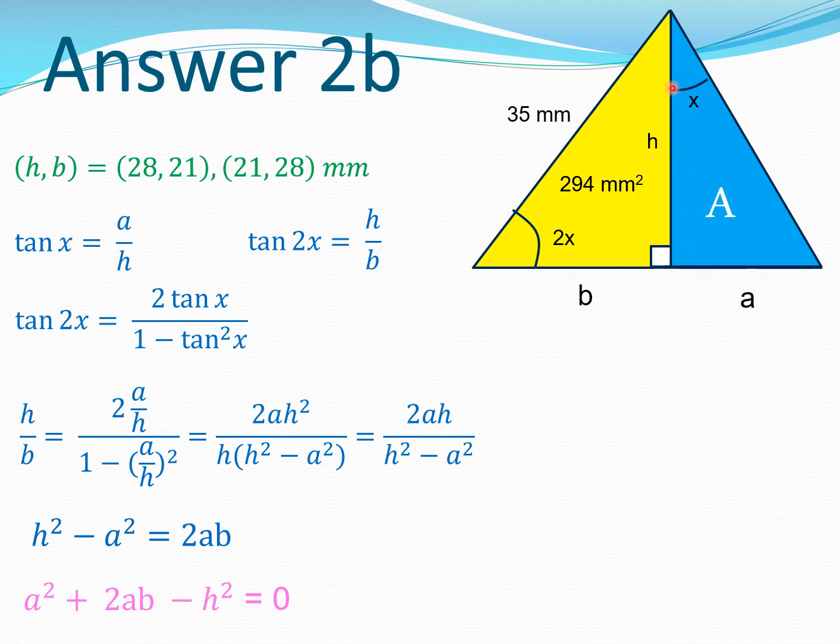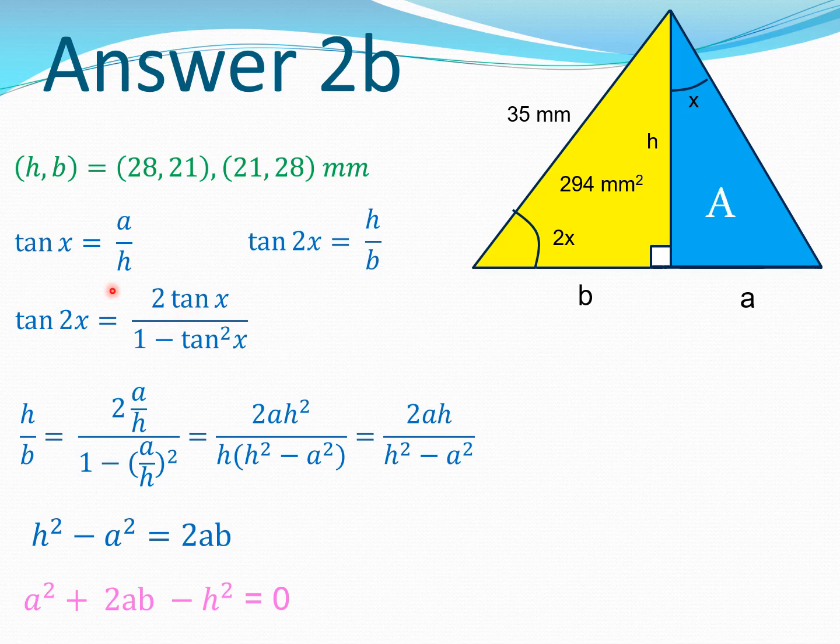Remember always that tan of an angle is the opposite side divided by the adjacent side. That's what we have used here. Now I have tan x and tan 2x, but I may not actually need x. I really am interested in a. So I use the formula which links tan 2x to tan x, which is tan 2x is 2 tan x by 1 minus tan squared x.